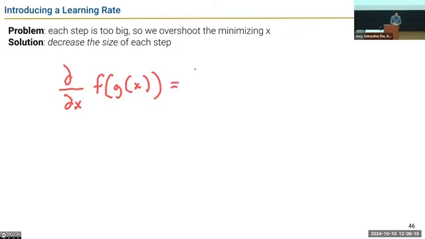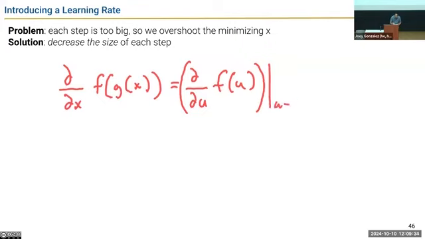First, I take the derivative with respect to u of f of u, and then I evaluate that at u equals g of x. Then I multiply this times the derivative with respect to x of g of x.